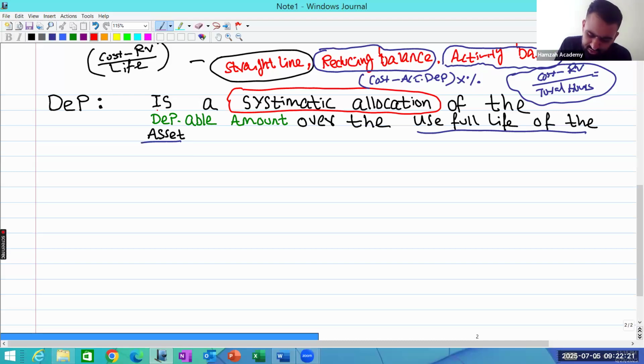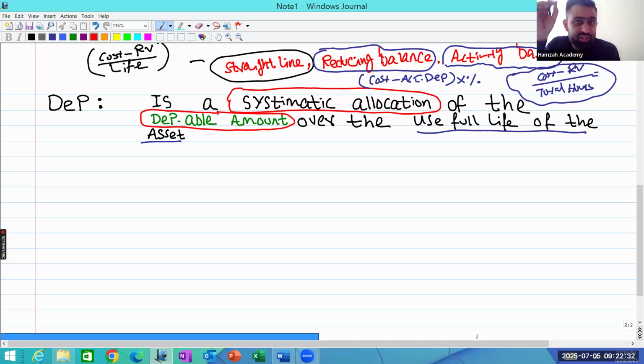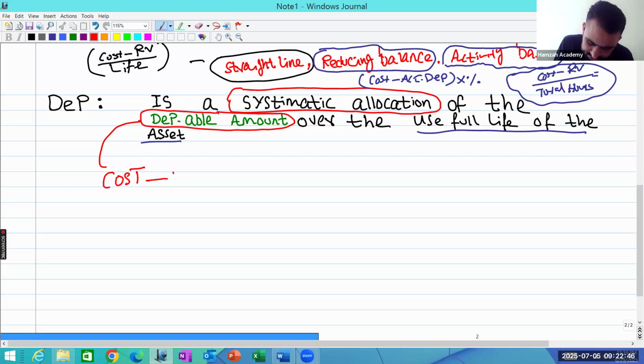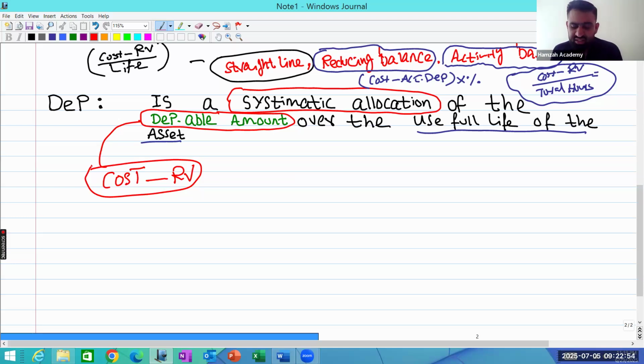But more importantly, there is another term, which is the depreciable amount. Dear student, depreciable amount means the amount which will be depreciated. The depreciable amount is equal to cost minus residual value.